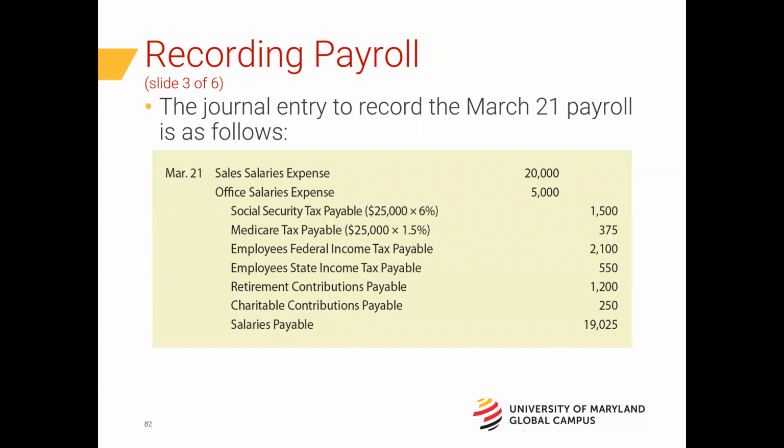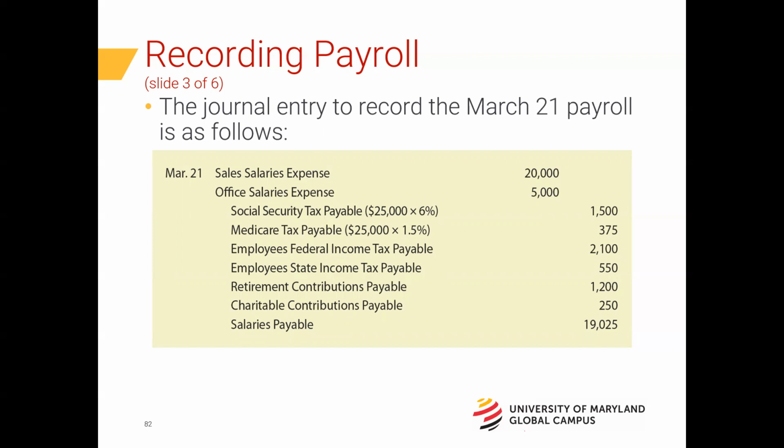And so the company makes this massive journal entry every 2 weeks. And yes, that's true. We do this every 2 weeks. Debit office salaries expense, debit sales salaries expense. You credit all of your payables. Remember, a payable is a current liability for the company.